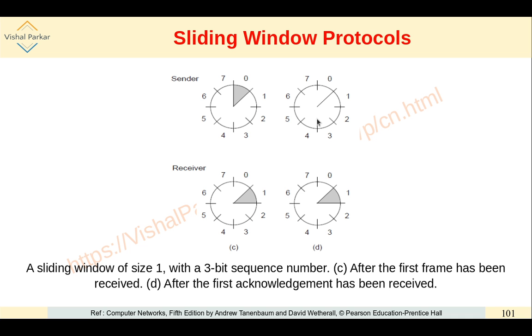So this is how the sliding window at the sender always represents the frames that have been sent but are yet to be acknowledged, whereas the receiving window always indicates the frames which are expected to be received by the receiver.